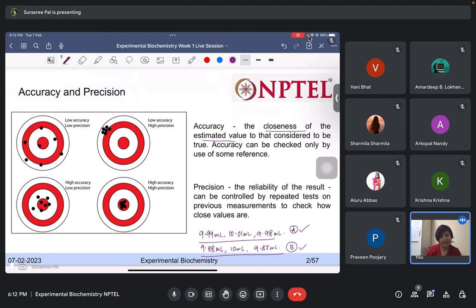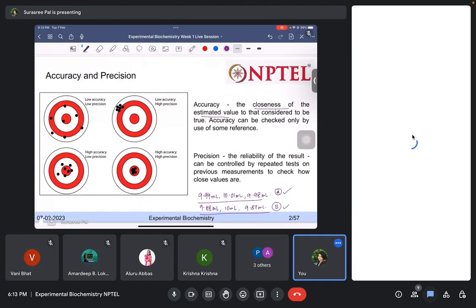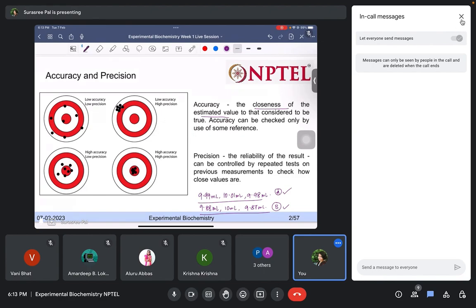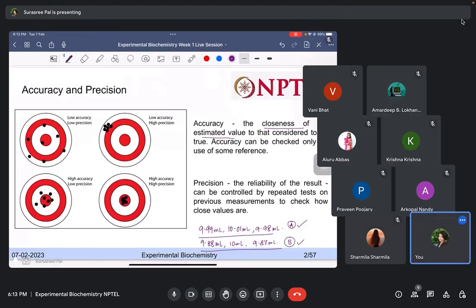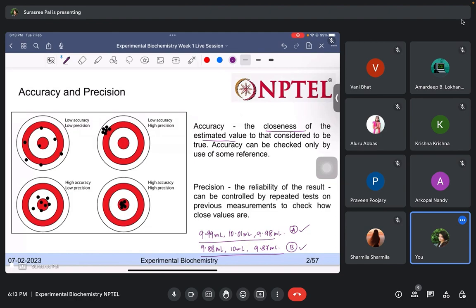So in which set do you think the values are closer to each other? Can anyone tell me?